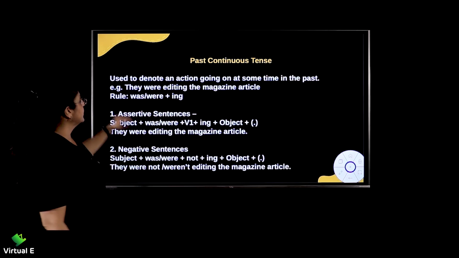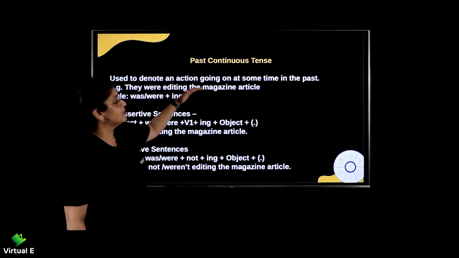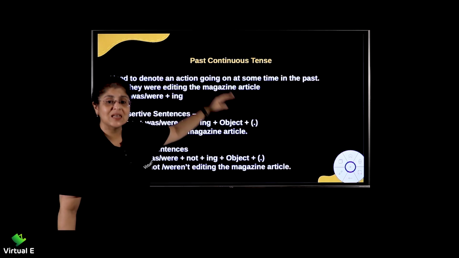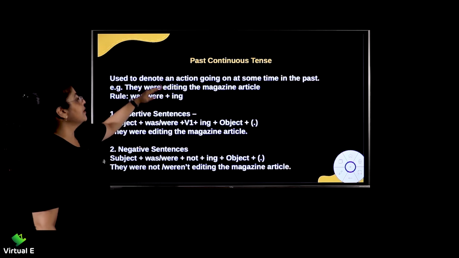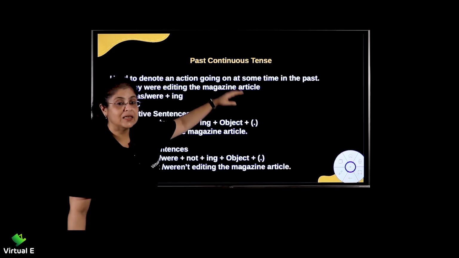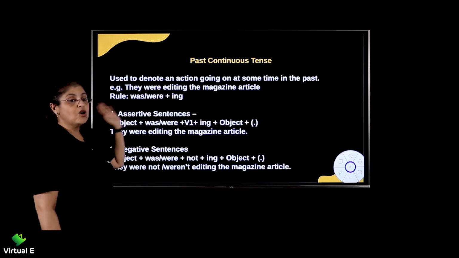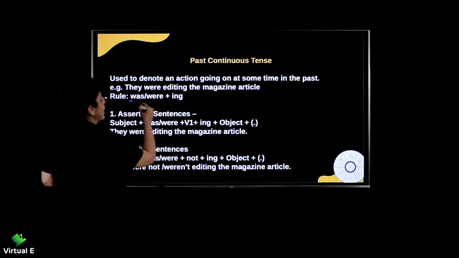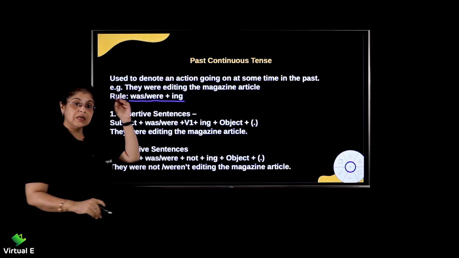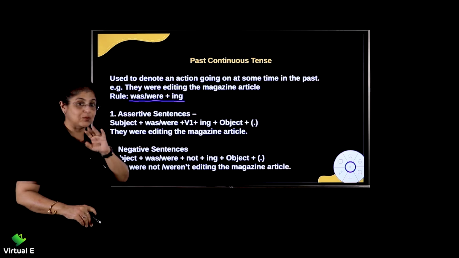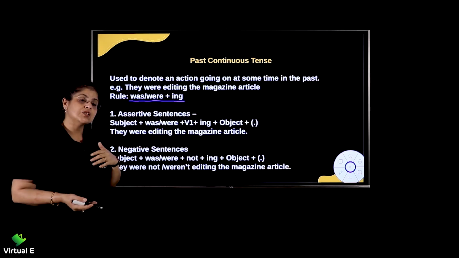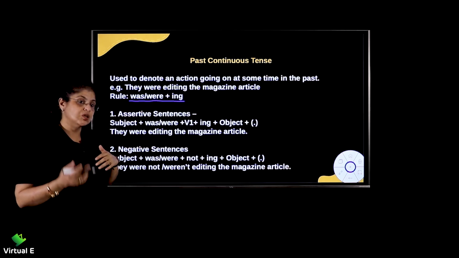So let's move further. Used to denote an action going on at some time in the past, which I just mentioned. They were editing the magazine article, right? You're talking of the past. So now you have to remember this rule. Earlier, for present continuous, we spoke of is, am, are. That was present. What is the past tense of is, am, are? Was, were.